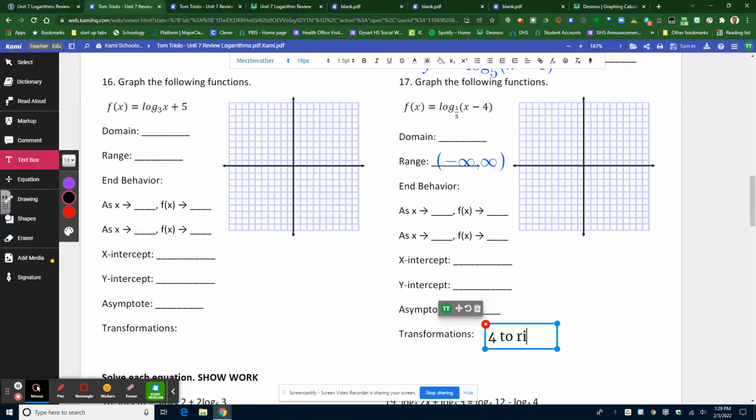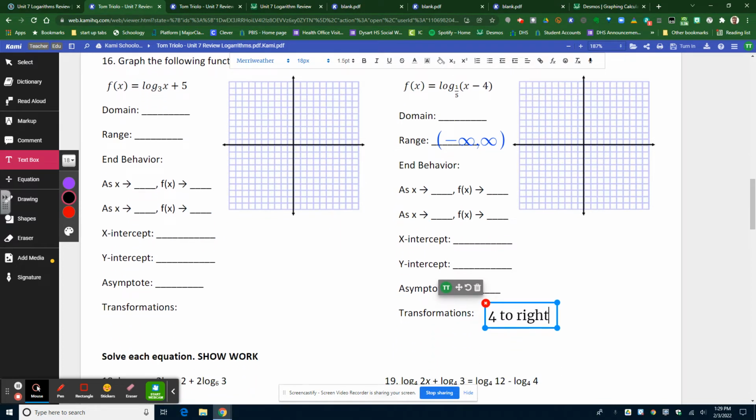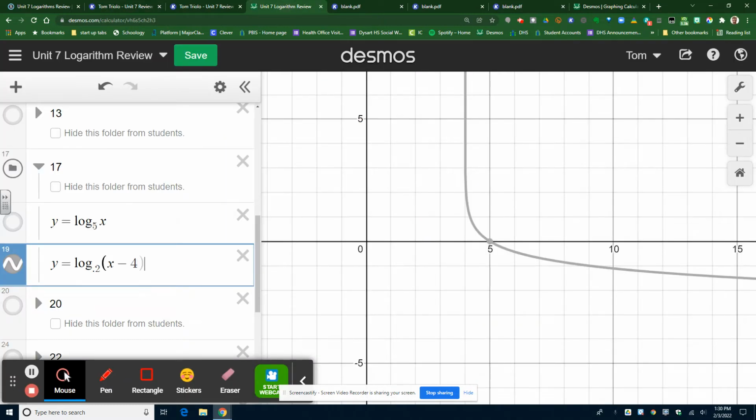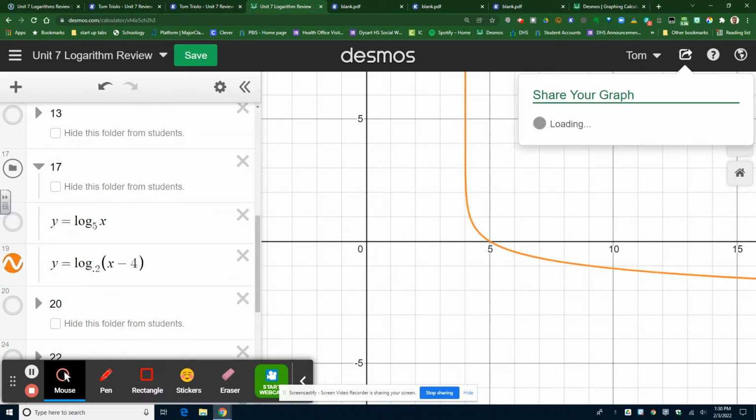But if you want to get fancy and did what I did up here and rewrite it as a negative logarithm, you could also say something along the lines it reflects across the x-axis. Okay. All right, so let's put the graph here. And I don't think gray is going to be such a great color either, so let's stick with our orange. Playing Atlanta tonight.